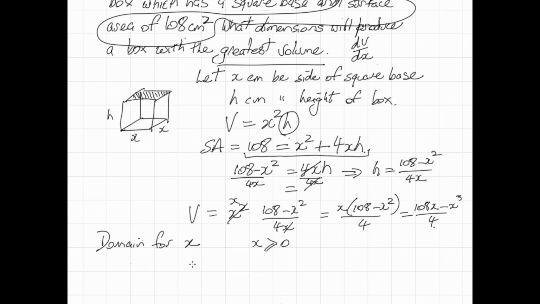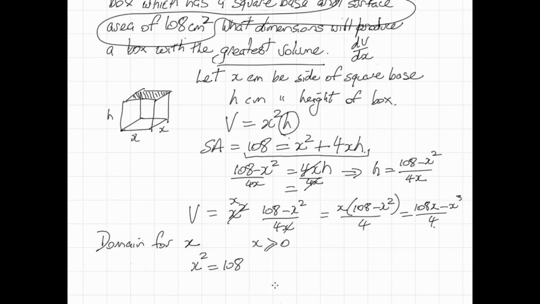So in that case you would have x squared, because you've got no h, x squared would be equal to 108. That would be the surface area. So that's like you've got no height at all. And I know it sounds a bit nonsensical, but algebraically that will give us the domain for x.